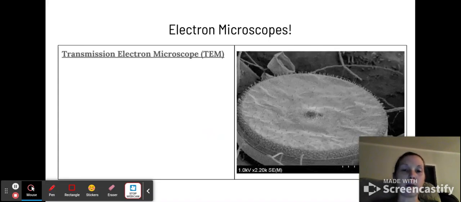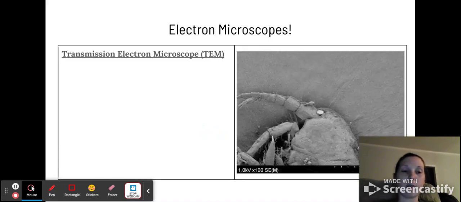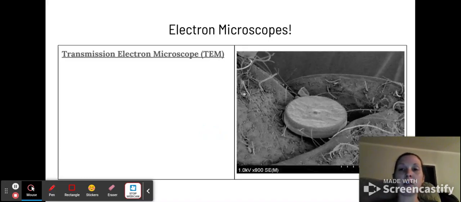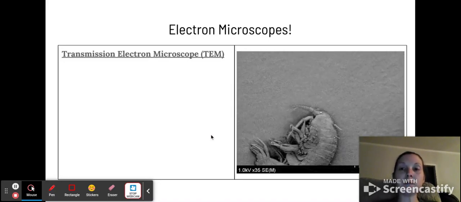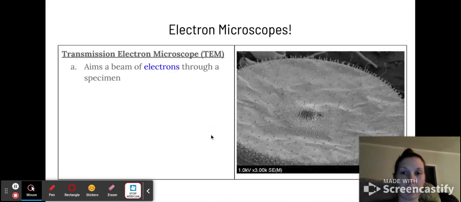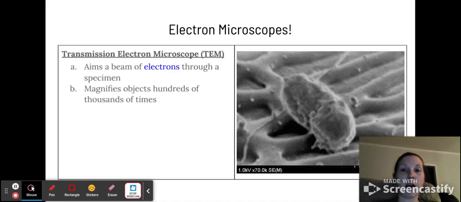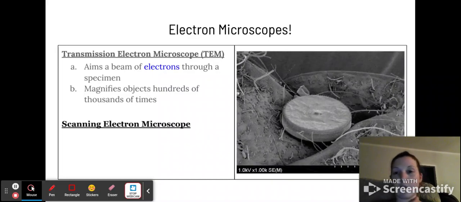We have two different types we're going to talk about here, just so you know how advanced microscopes have gotten over time. The first one is a transmission electron microscope. This aims a beam of electrons through a specimen, and it'll magnify objects hundreds of thousands of times so we can see the tiniest of objects.